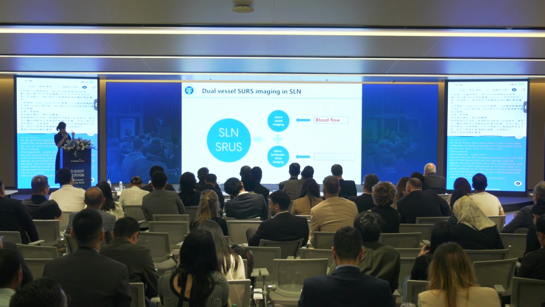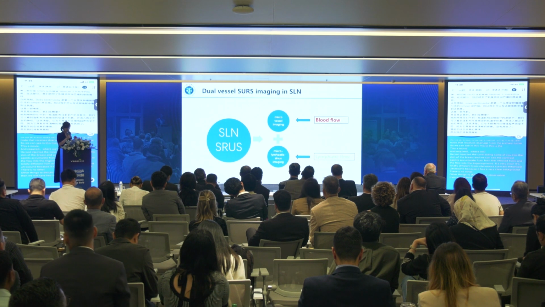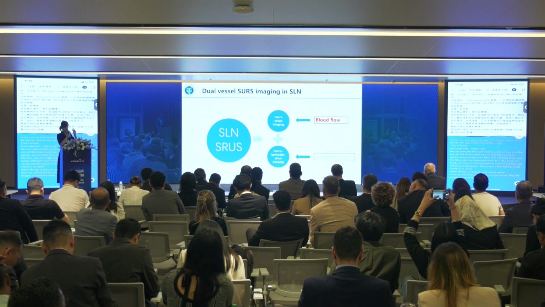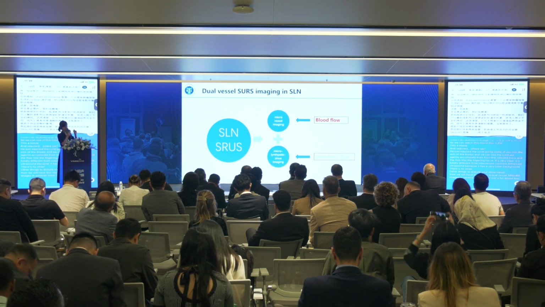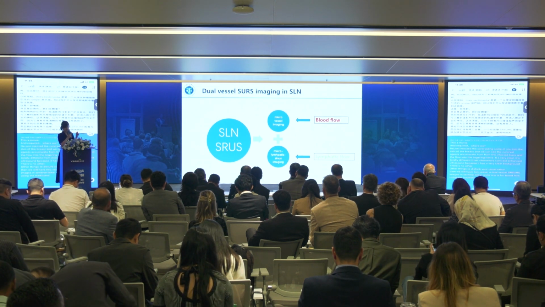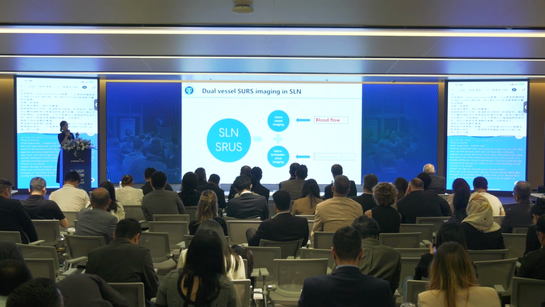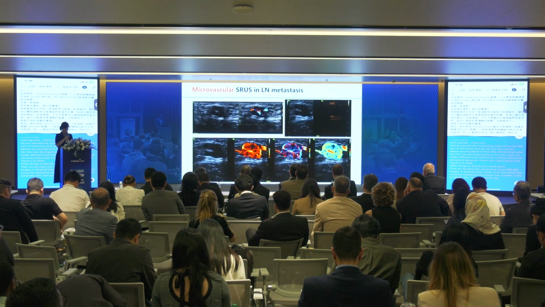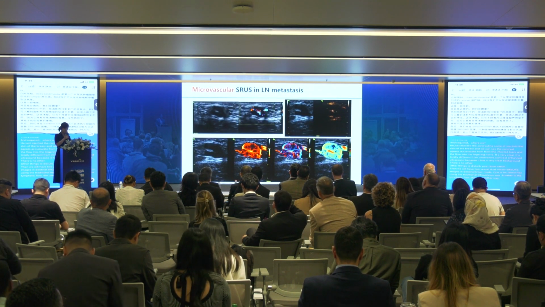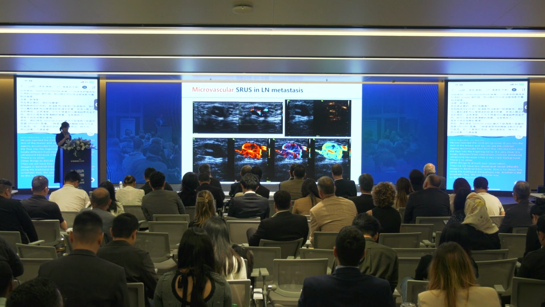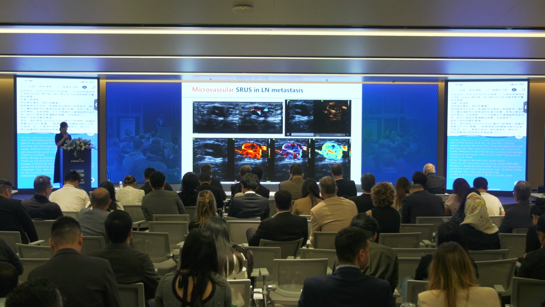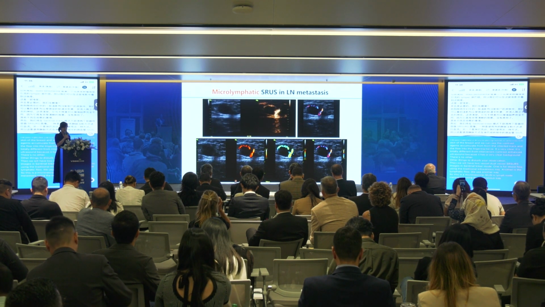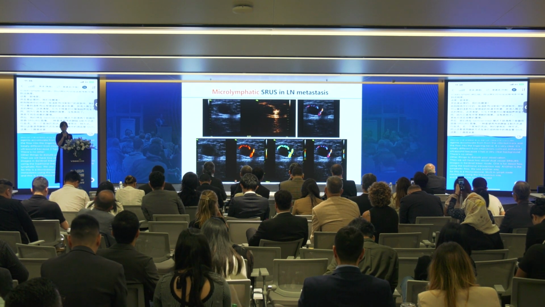Then we have dual vessel SRUS imaging in the sentinel lymph node. One is for blood flow using the traditional intravenous way. Another is the lymphatic flow. We use another way. So this is the microvascular SRUS in lymph node metastasis using the intravenous way. And this is the microlymphatic SRUS of lymph node metastasis.